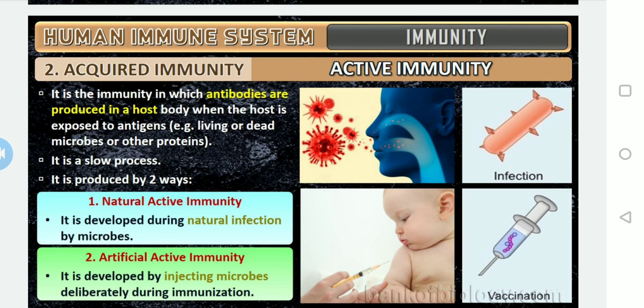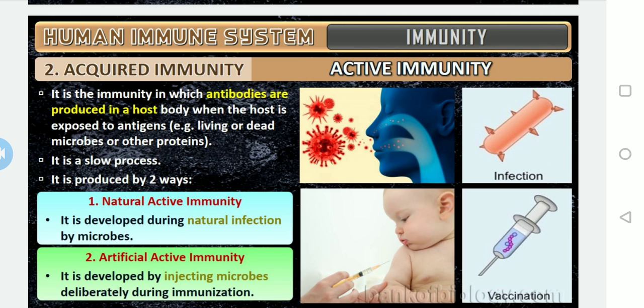But the thing is, active immunity is a slow process. Active immunity is the immunity in which antibodies are produced in a host body when the host is exposed to the antigens only. But this process is slow.